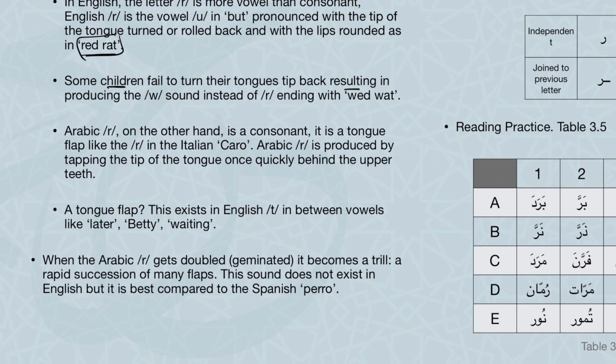We don't say a full T, the tongue kind of flaps, a quick flap, but it deletes the sound of the T. I'm talking about the tongue action here, the movement, as in being a flap. This is a bit too advanced in phonetics, but it shows you the difference between the Arabic ra and the English R.